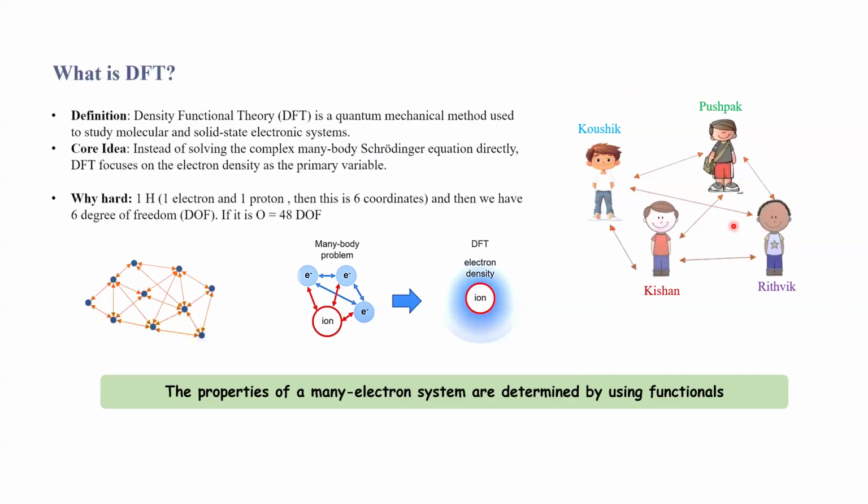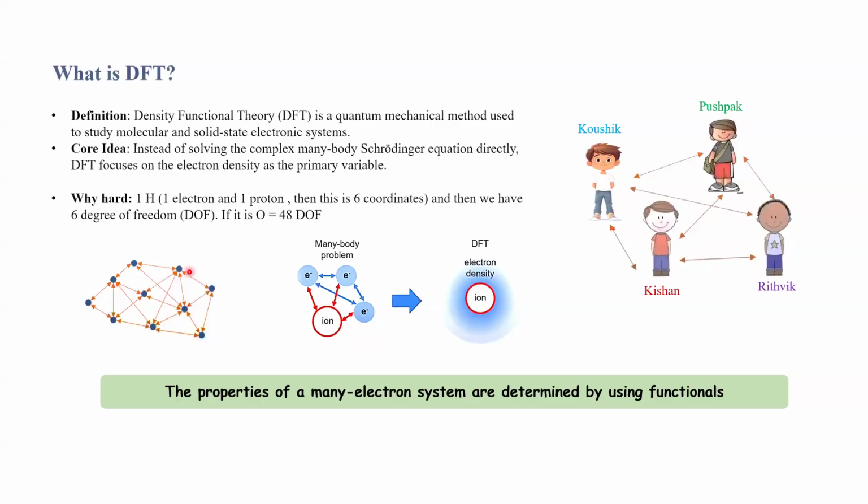But you can tell what the overall noise is. So here also, we are going to predict the overall electronic system instead of individual electrons. That is the main core idea of DFT.